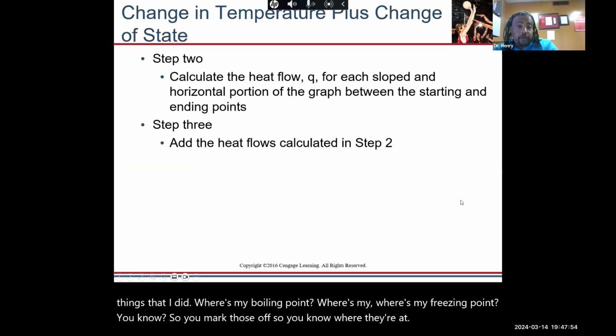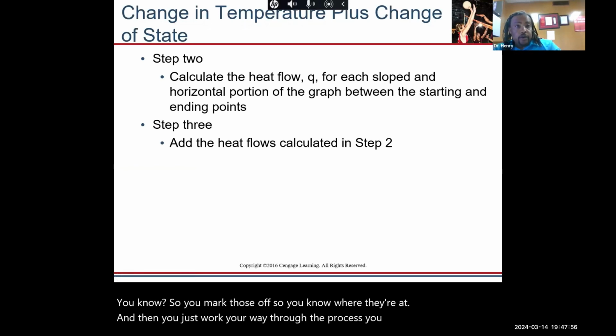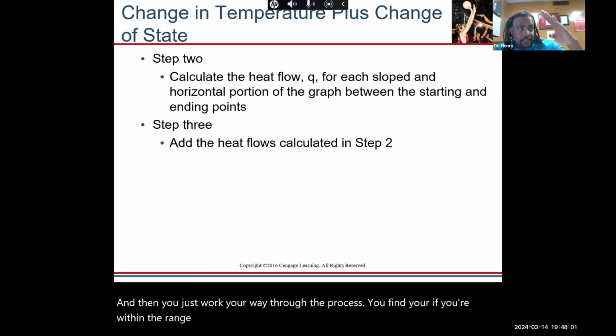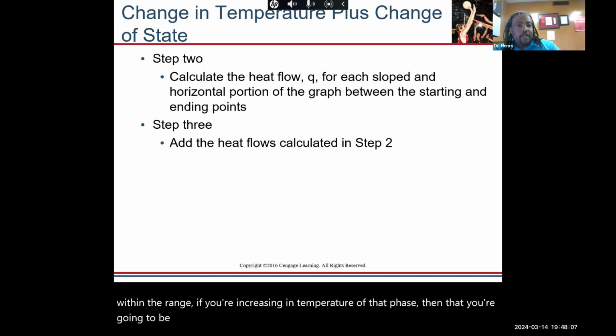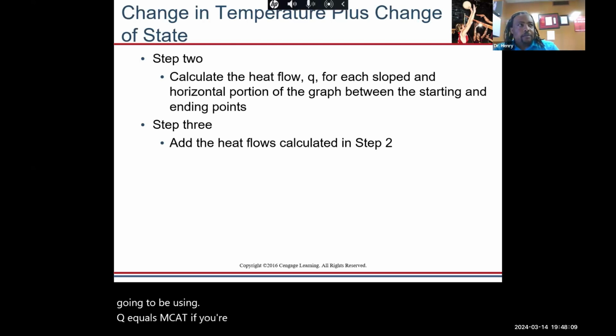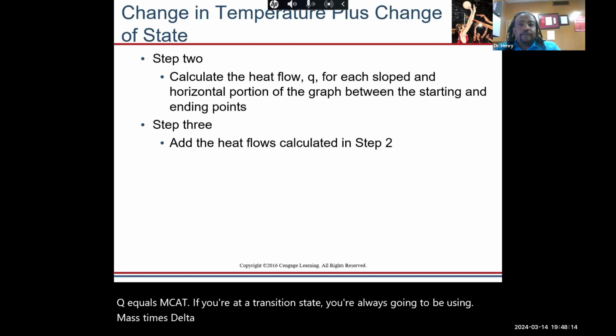And then you just work your way through the process. If you're within the range, if you're increasing in temperature of that phase, then you know that you're going to be using Q equals MCΔT. If you're at a transition state, you're always going to be using mass times delta H, right?